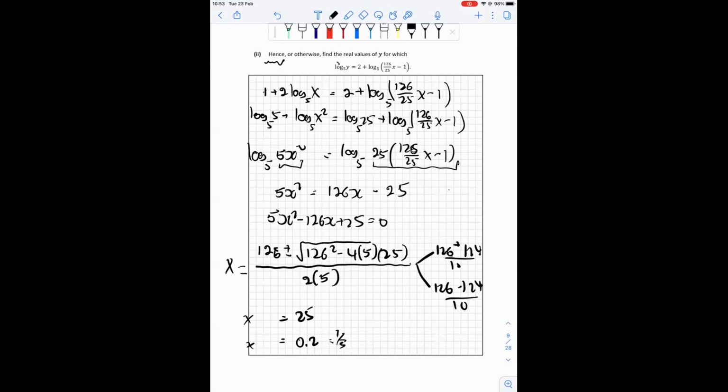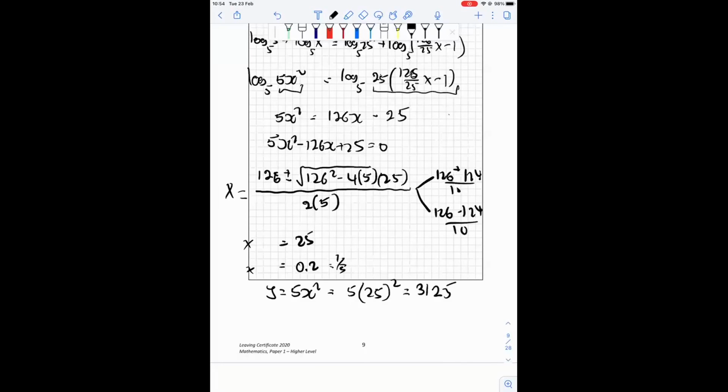So I know that y equals 5x squared, which means 5 times 25 squared. 25 squared is 625 times 5, whatever that gives. So the calculator gives 3125, and the other answer is 5 times 1/5 squared, and that gives 1/5 when you do that in the calculator, or 0.2.